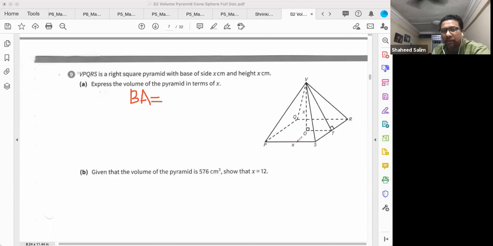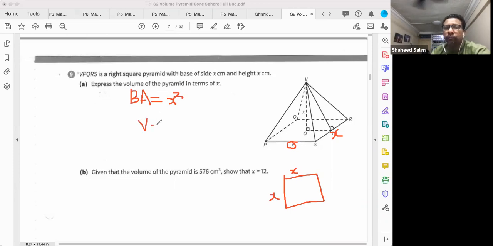Base area is x times x. Bottom part is a square, you know. It's x by x, right? So you get x squared. What's your height? Your height is also x. So you find the volume.